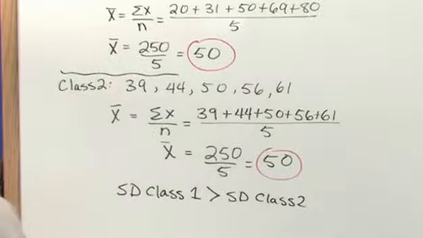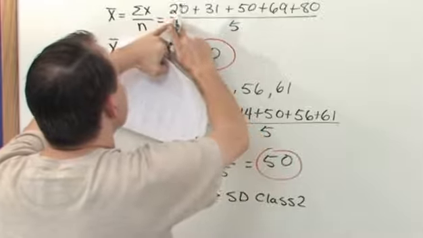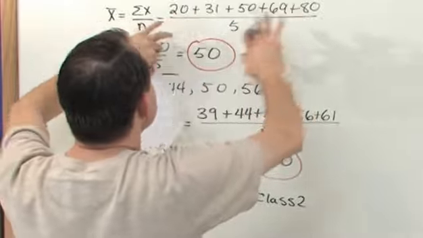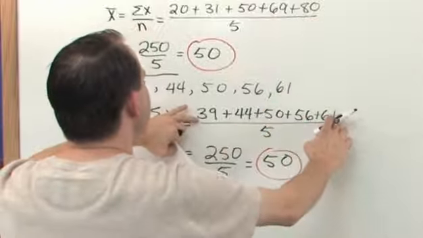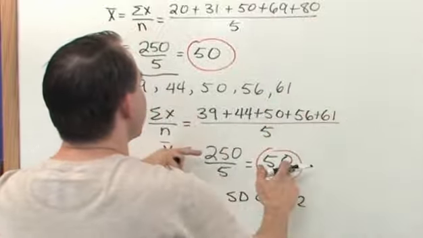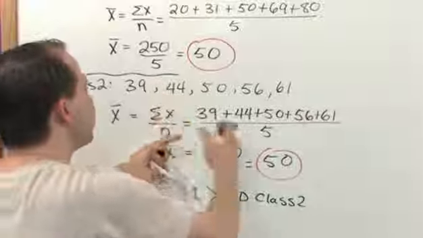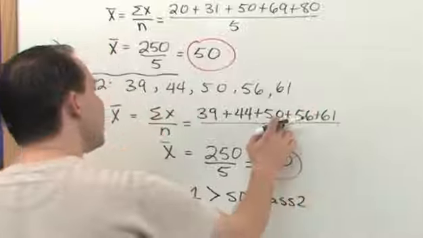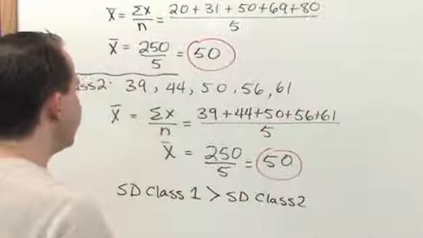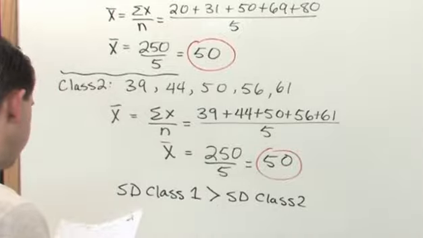And I haven't proven anything to you yet, but I'm just submitting that to you because these grades up here are centered around 50, but I have much lower grades and much higher grades. So this distribution is spread out much more than this one. This one is more tightly centered around the number 50. I don't have anything up in the 80s, and I don't have anything down around the 20s. This distribution of grades is more tightly packed. So this has a smaller standard deviation than class 1, which has a larger deviation. So that's what that means, okay?